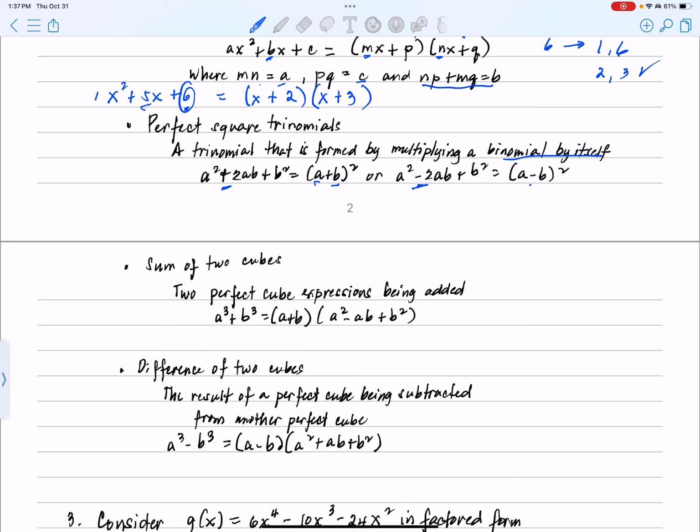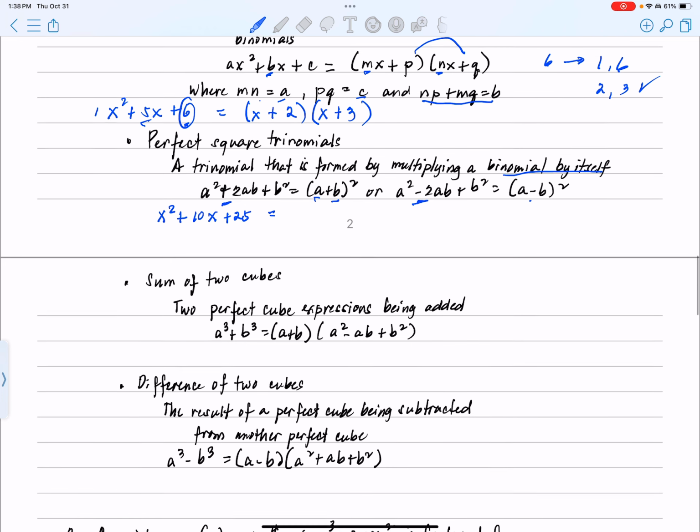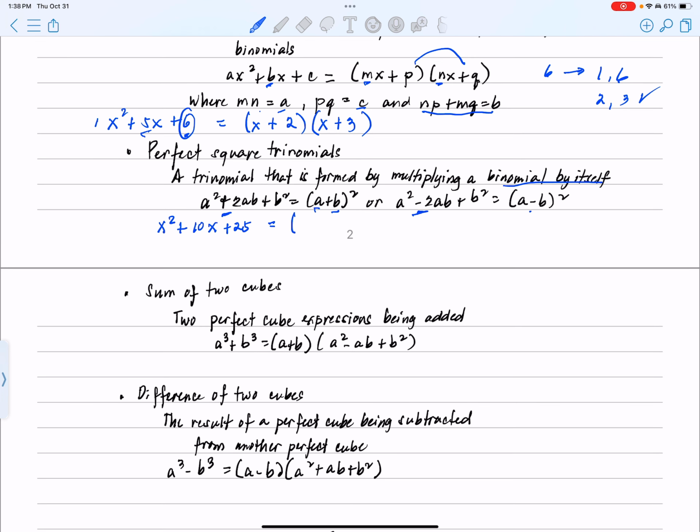So, for example, we have x squared plus 10x plus 25. 25 is a perfect square, right? You don't have to get the factor, but you know it's a perfect square. So what you're going to do is split. These are all positive.